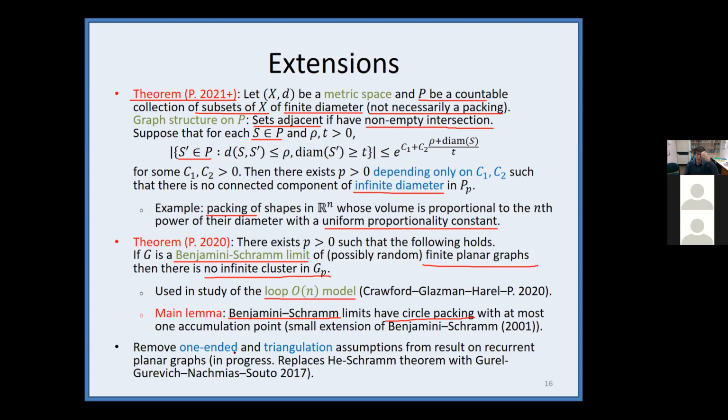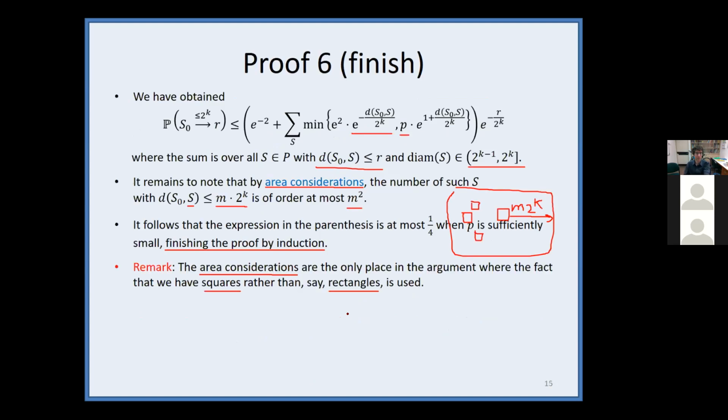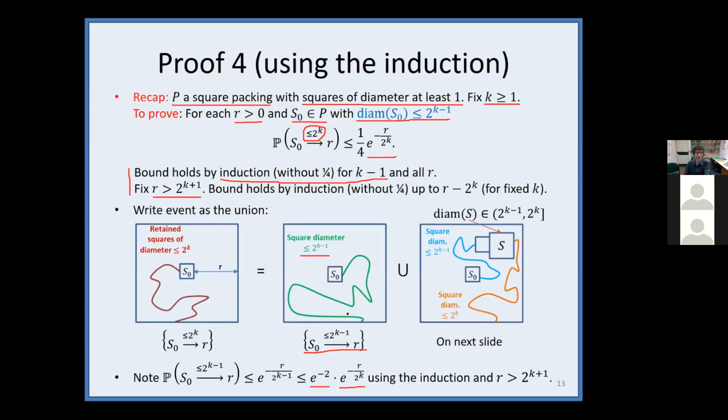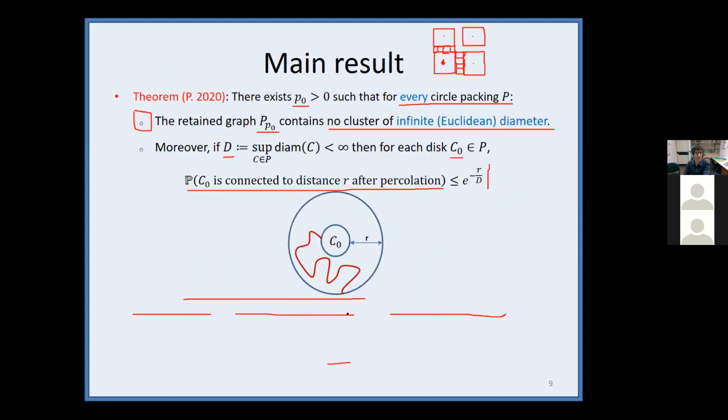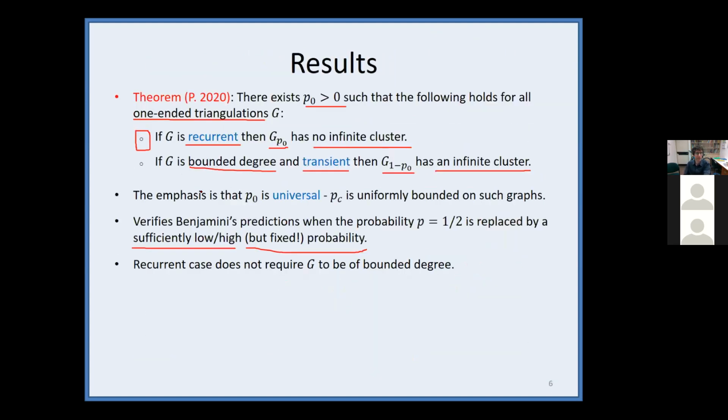Finally, we used the one-ended and triangulation assumption. So just go back briefly to the main result. The main result was that if you have a one-ended triangulation which is recurrent, then it doesn't have an infinite cluster at p naught, and if it's transient and bounded degree, then it does have an infinite cluster.